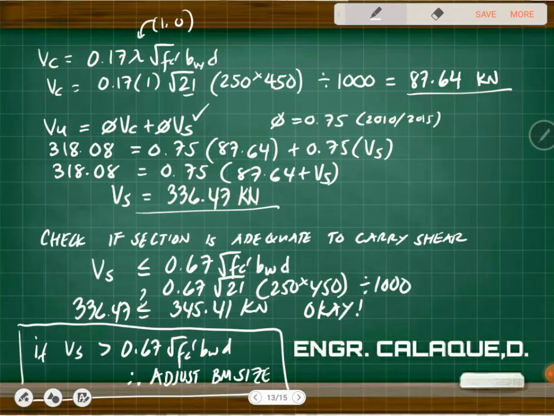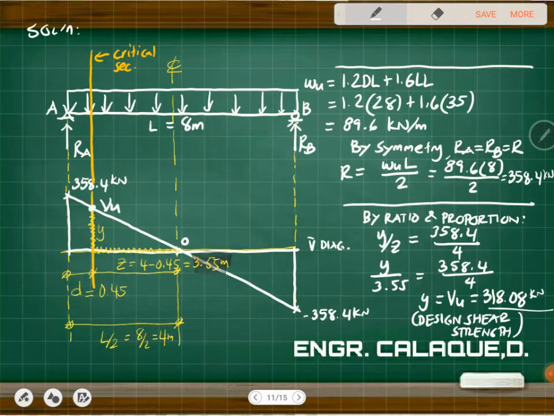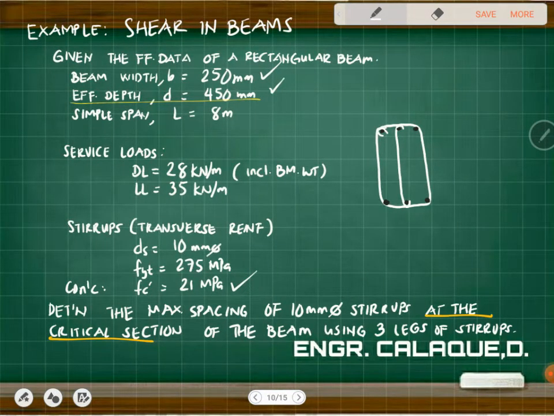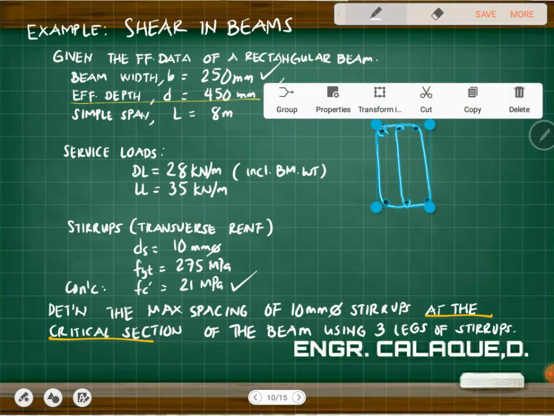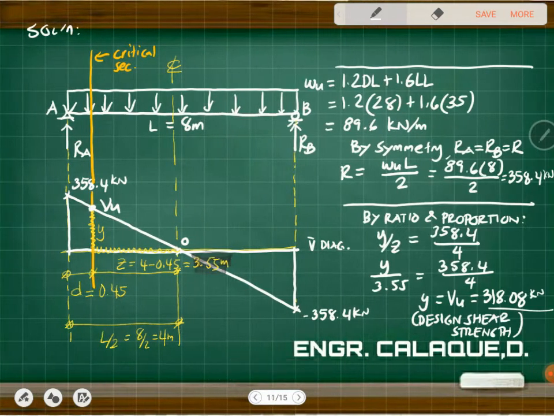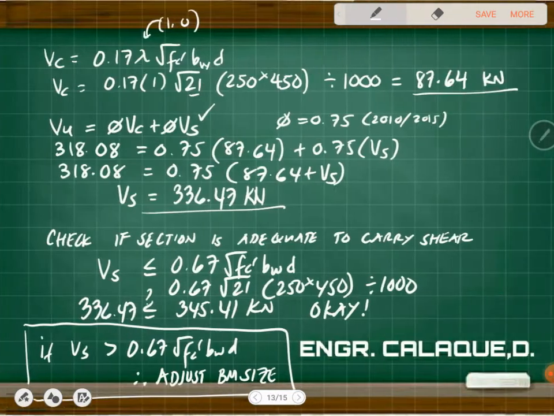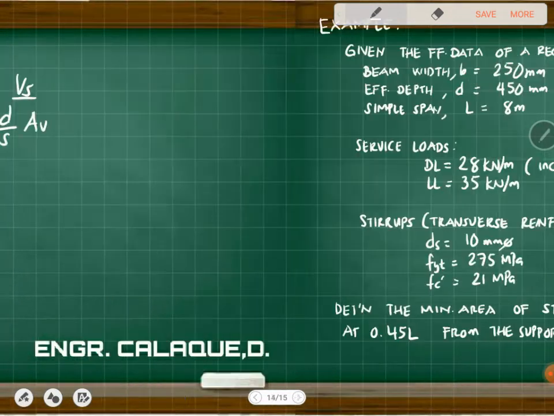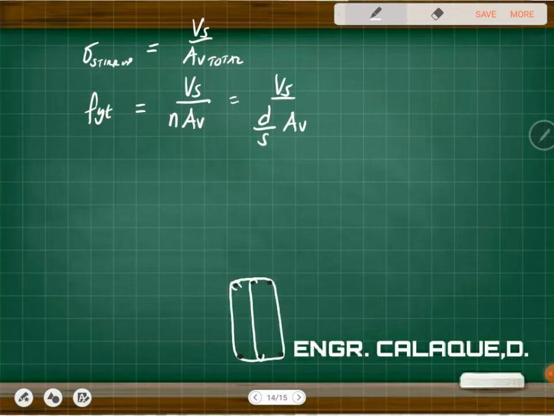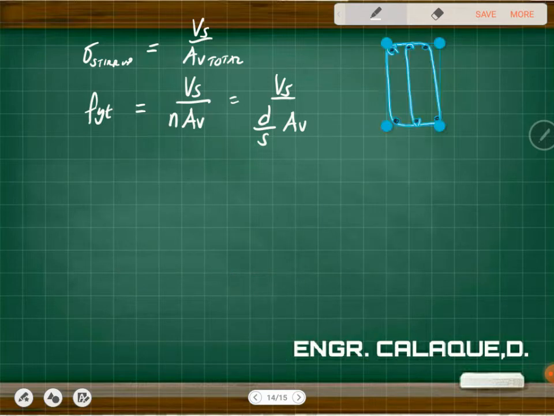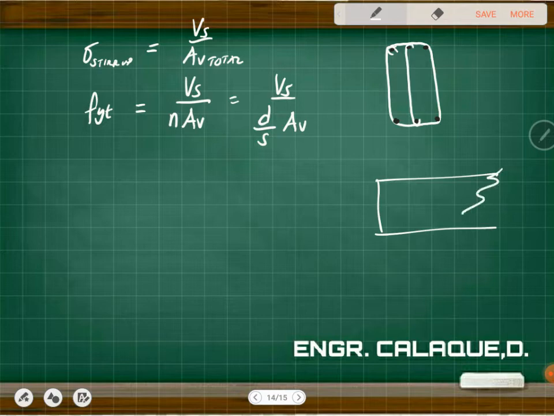Okay, so makikita natin dito na 3 legs yung ano natin, no? So 3 legs siya. Pag alam naman natin na yung beam, pag ikakating natin yan, magka-crack yan, ha?